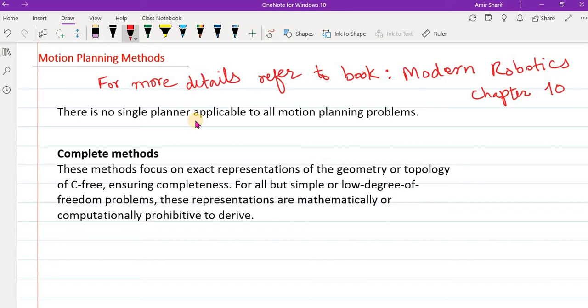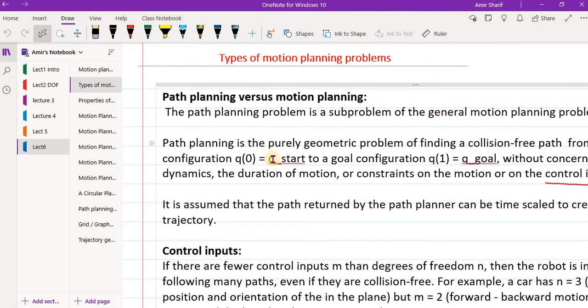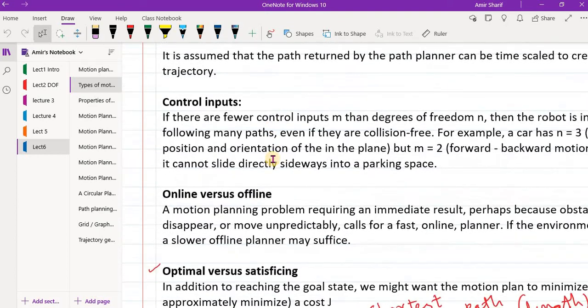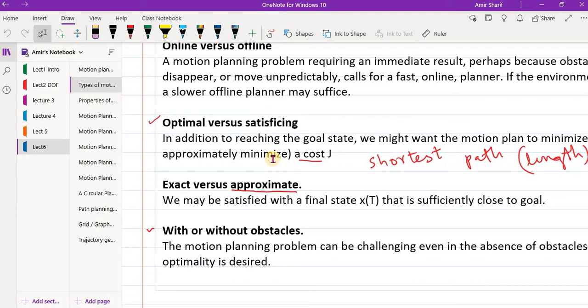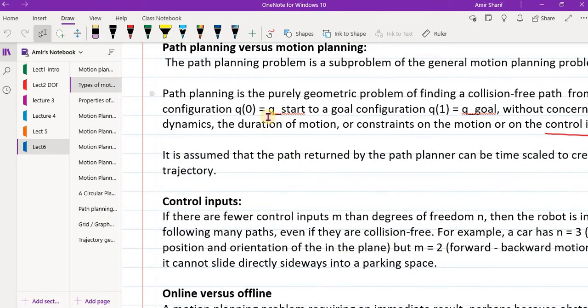Actually, there is no single planner applicable to all motion planning problems. You remember we discussed in the previous slides the types of different motion planning problems: online, optimal, exact, or depending upon the control inputs.